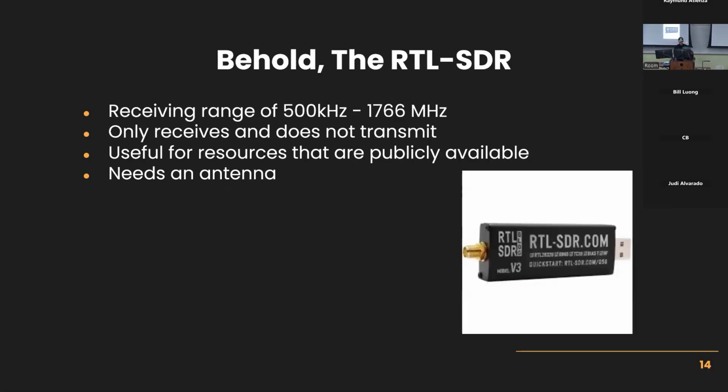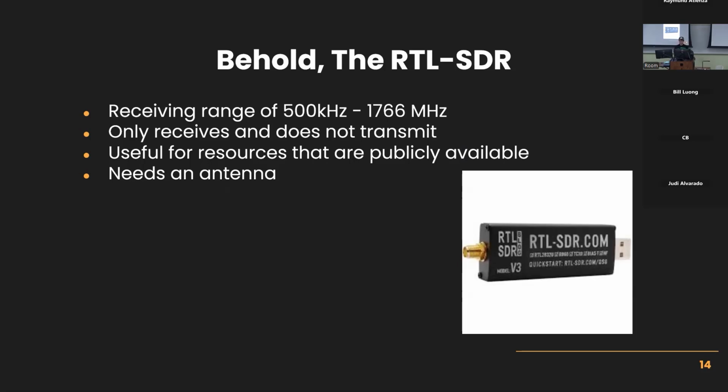I have the RTL-SDR with me. It's just a USB dongle. It's unassuming, and it has an antenna port going out, and it only receives and does not transmit. So it will not do the devious things that you would like it to do, but it can still access public resources.